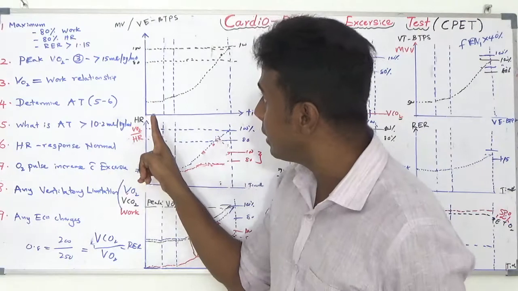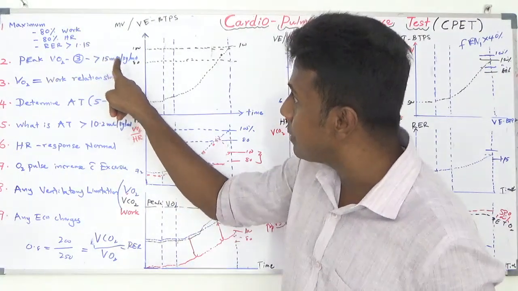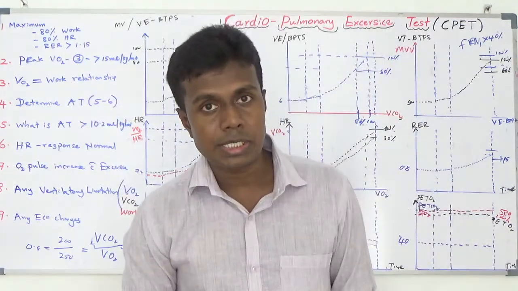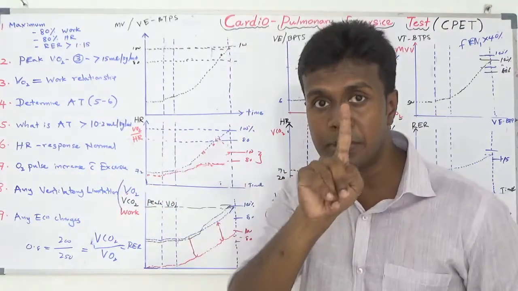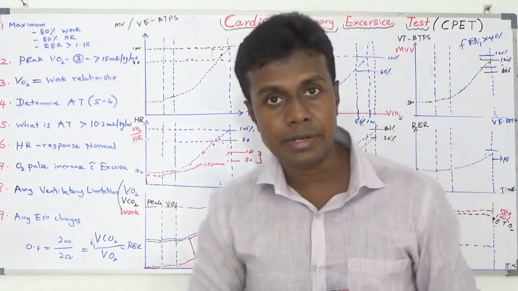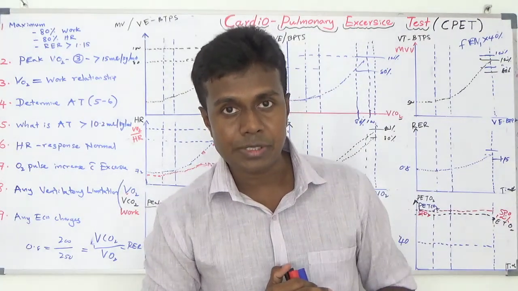Once you identify the peak VO2, volume of oxygen consumption, you have to divide it by the body weight and check whether your patient has more than 15 milliliters per kilogram per minute of peak oxygen utilization. If your patient has more than 15, they can safely undergo general anesthesia and procedure.